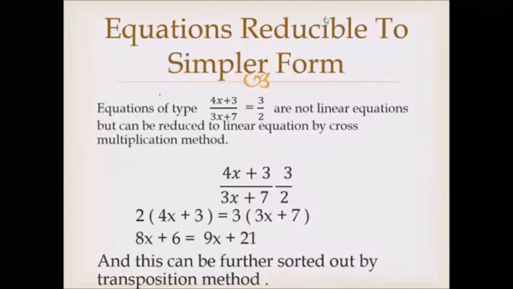Equations of this type are not linear equations, but can be reduced to linear equations by the cross multiplication method. If the equations are of this type and you have to find the solution for the variable x, these are not linear equations, but can be reduced to the simpler form, or you can say the linear equation, by the cross multiplication method.